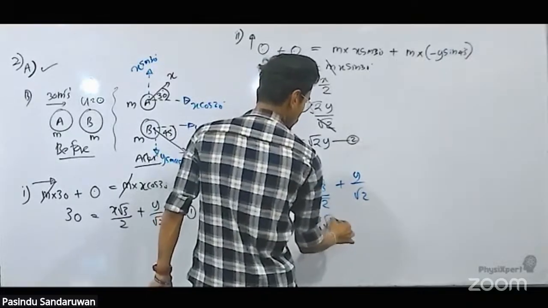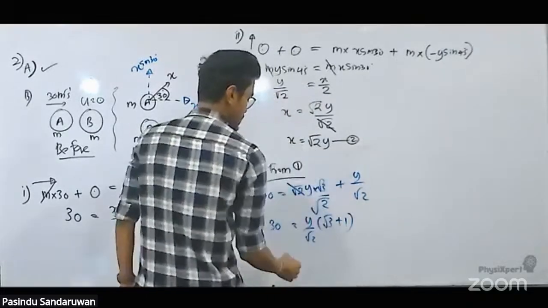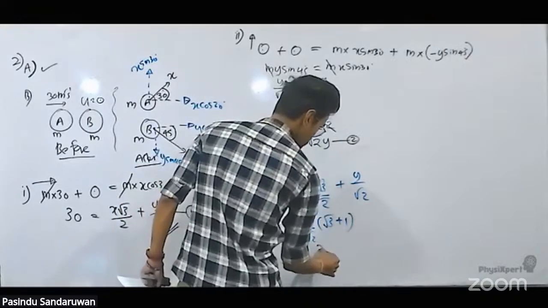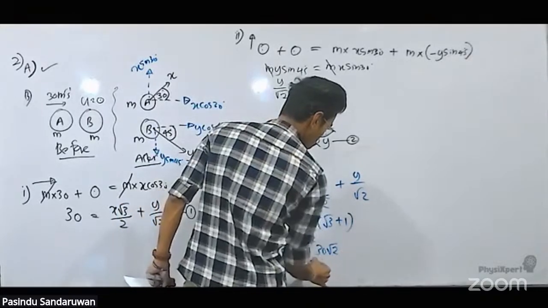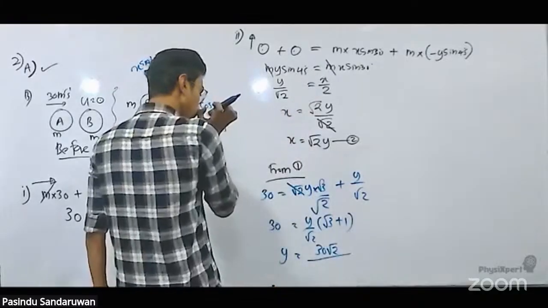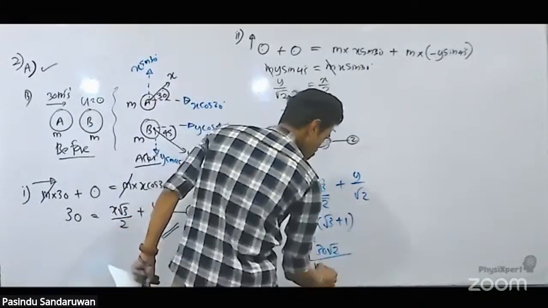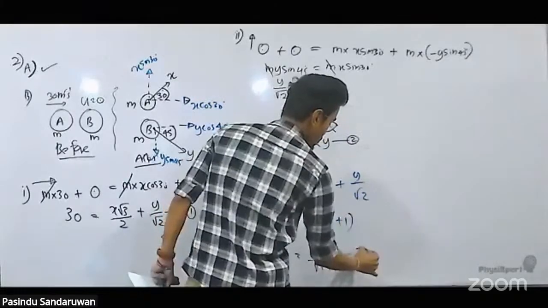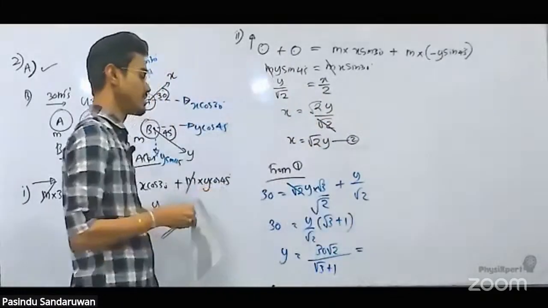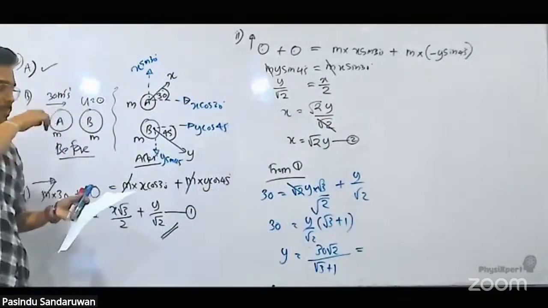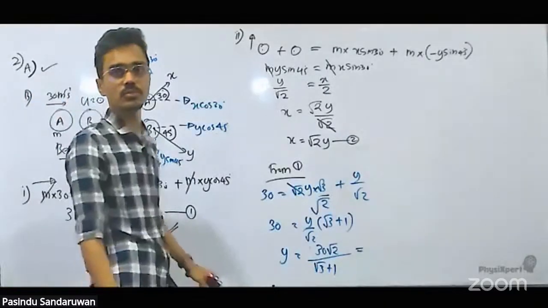Then here root 3 plus 1 remains. Subject y equals 30 root 2 over root 3 plus 1. This is the answer and it should be simplified.